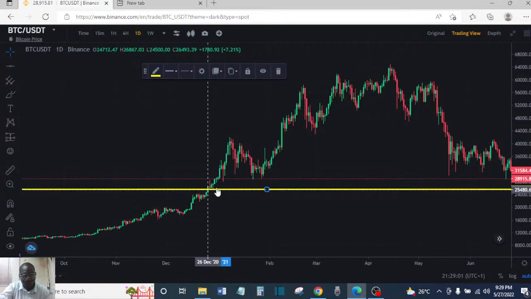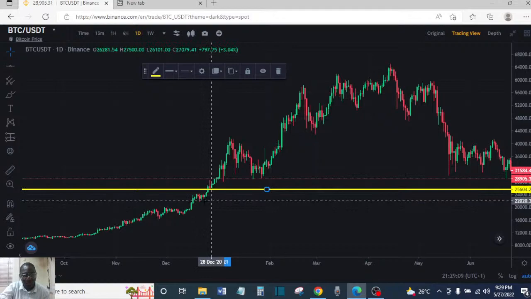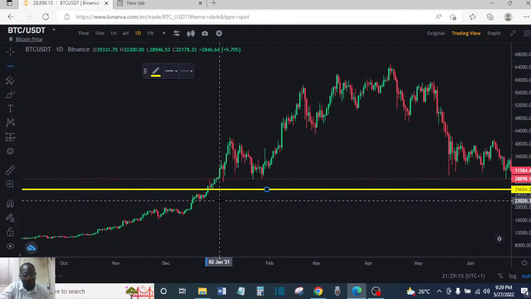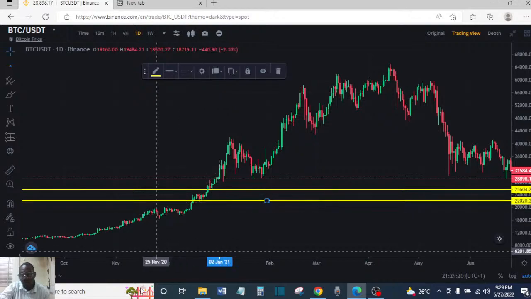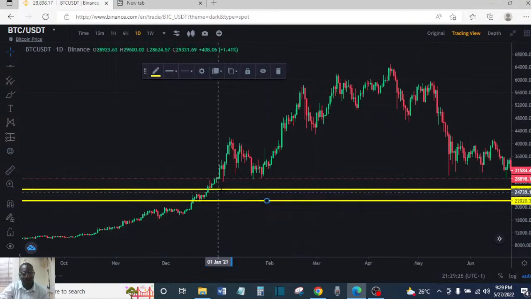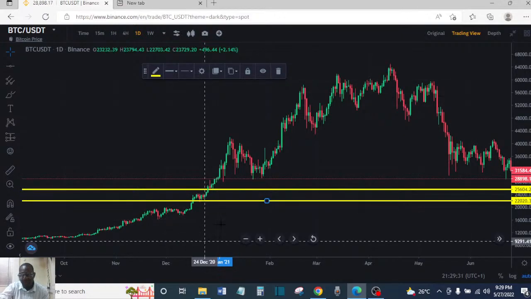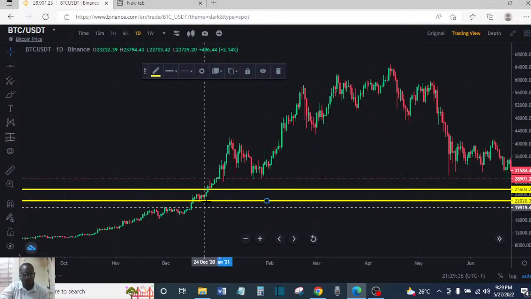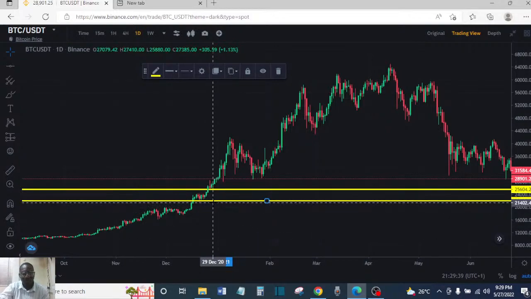Price can decide to come and clear the stops that are here, and probably clear this, to 22,000. Price can decide to clear up to this point. That's 25,600, then lastly $22,000 for Bitcoin.